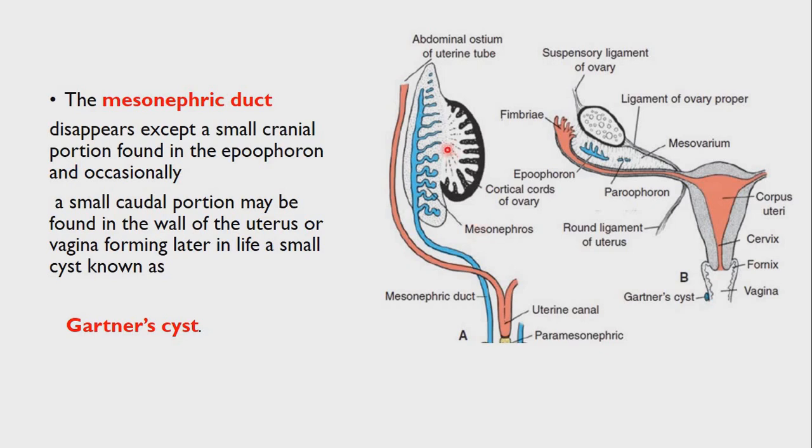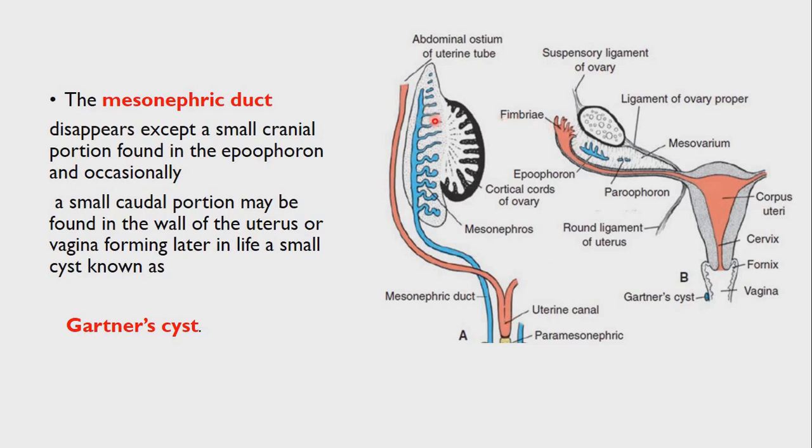Now look here, you can see this is the ovary, and this is the mesonephric duct, this is the mesonephric tubule, and this is the paramesonephric or Mullerian duct. The paramesonephric duct will give rise to the uterine tube, the uterus and cervix. Now look here.